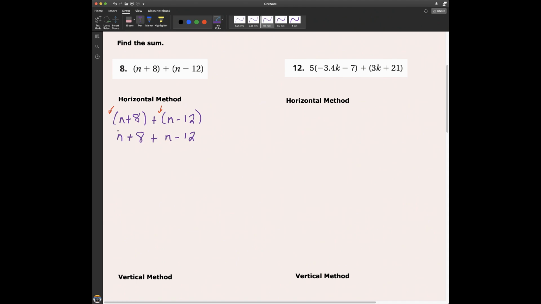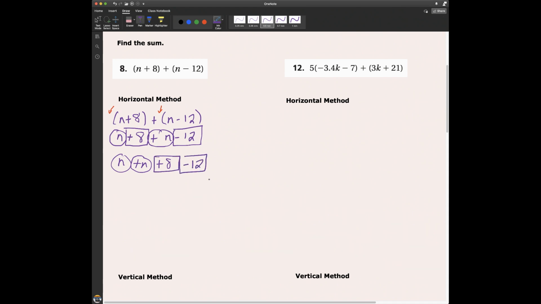I can identify the like terms, which is what we've been practicing in the previous section. We practiced quite a bit. And so I'm identifying the like terms. I can put those like terms together, which is something that we've also done before in the previous lesson.